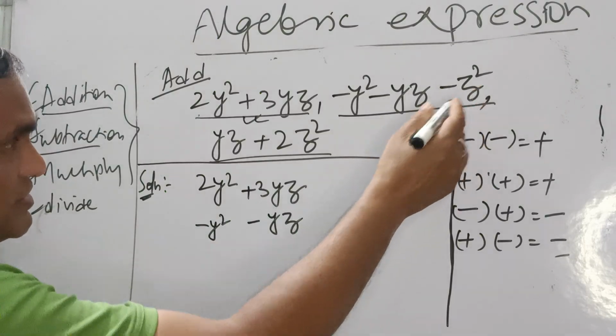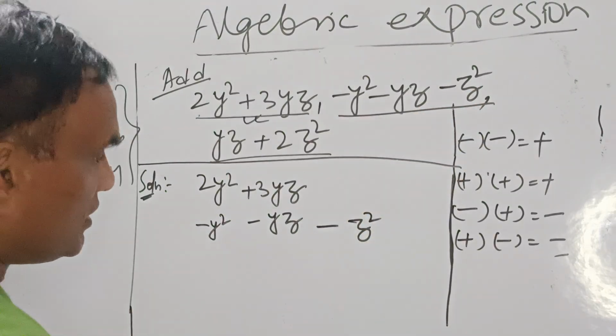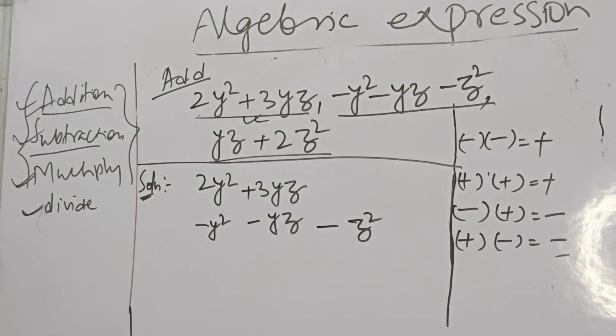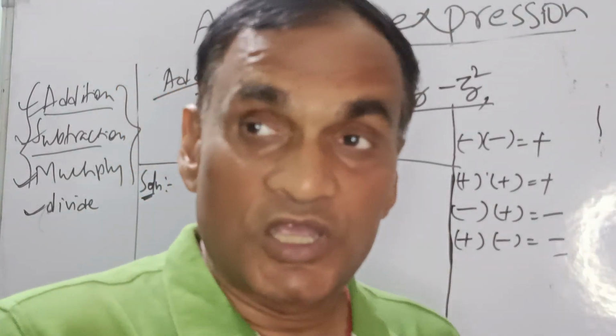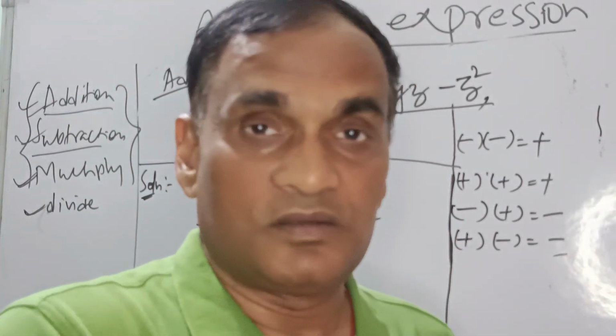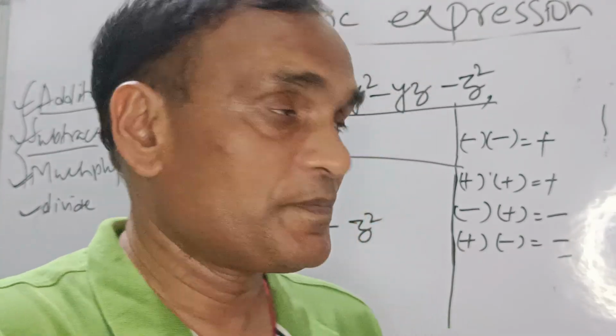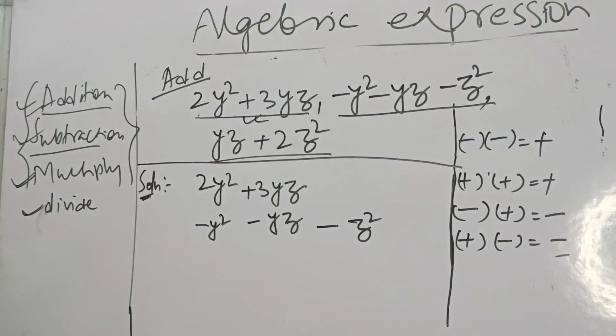There is no like term for z square, so we separate it and write z square here. Is there any issue? No issue. Just look at it and write how to arrange this. If you know how to arrange this in the column method, you can solve anything.